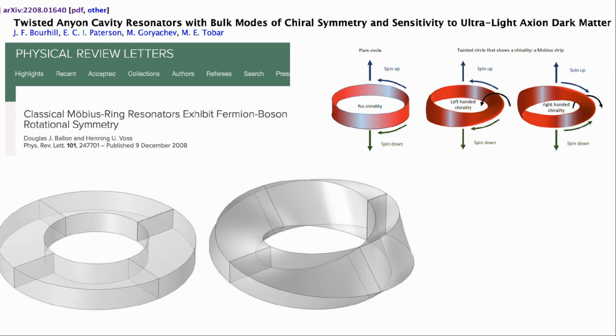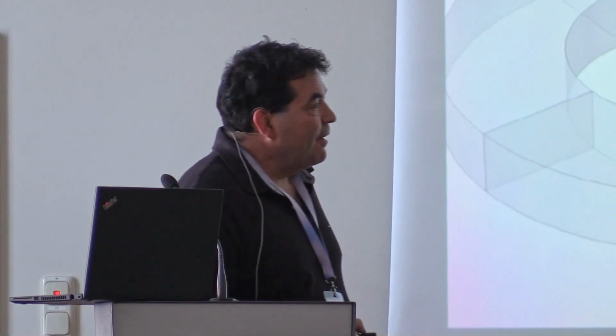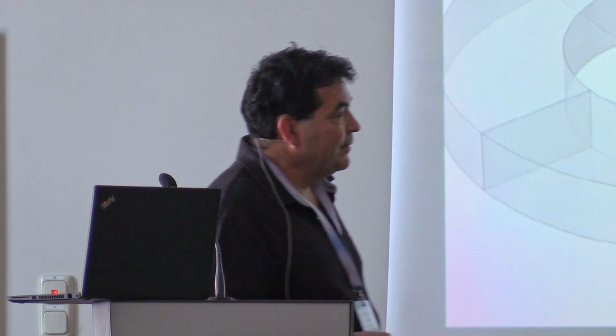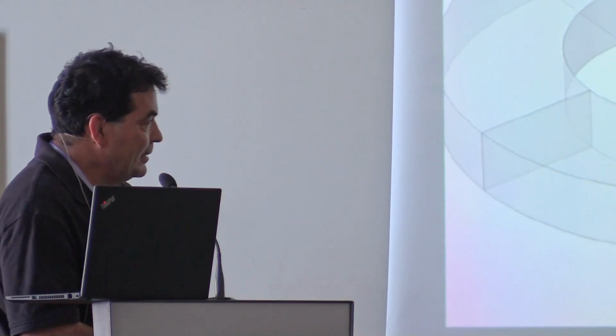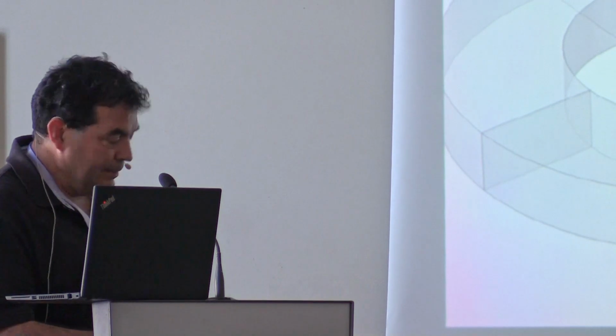The boson has no chirality, so spin up and spin down are the same, but if you have the fermion-type geometry, you have a handedness, a left-handedness or a right-handedness. So that's the difference. Fermions come in two chiralities called left and right, bosons do not. So this obeys the behavior of a fermion, and this a boson.